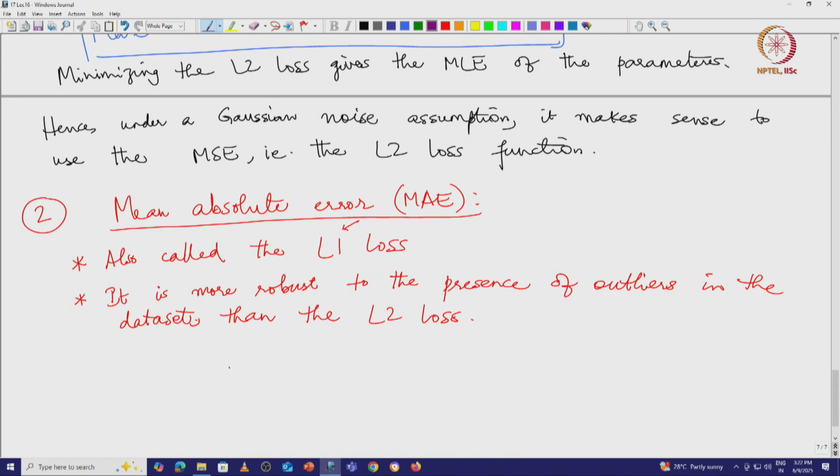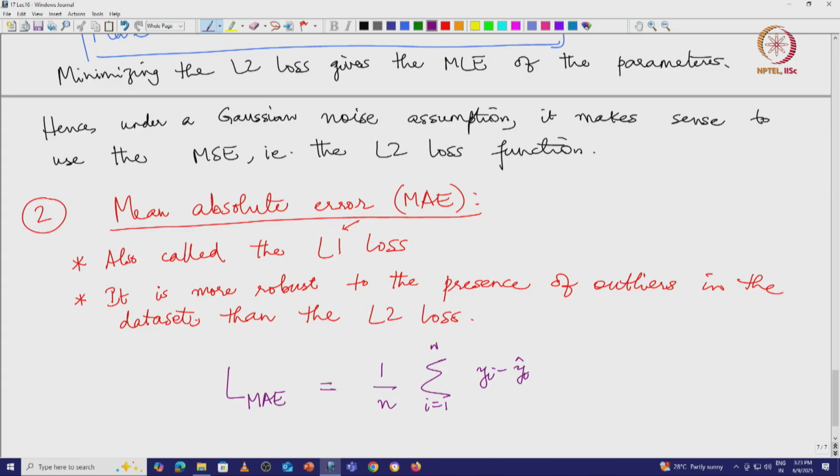So, if you want to define the MAE loss function, mean absolute error, that is 1 over n sum i going from 1 to n |y_i minus y_i hat|, right. Obviously, you can't write it just like this because errors can be positive or negative and they would all cancel out.